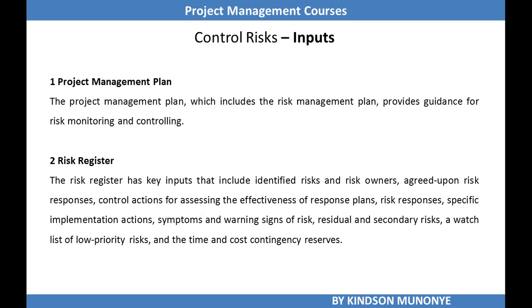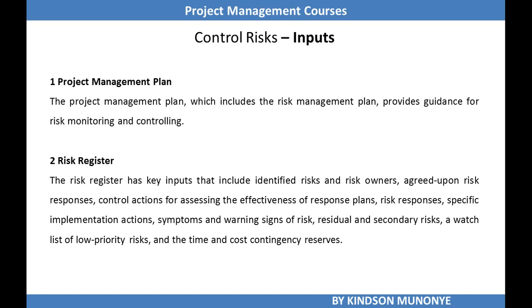Let's now look at some of these items one after the other. We do need the project management plan to control risk, because the project management plan includes the risk management plan, which provides guidance for risk monitoring and controlling. The risk register is also important.